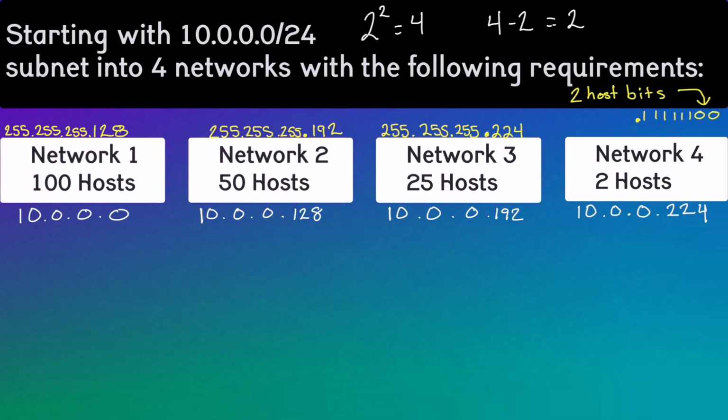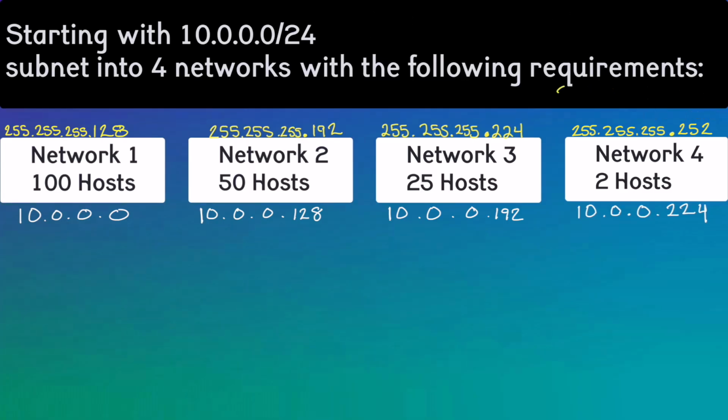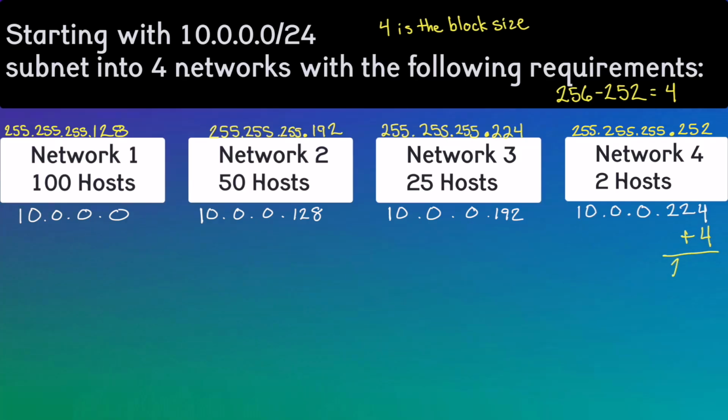When I calculate this binary value to a decimal value, I end up with the value of 252. 256 minus 252 equals 4, so my block size is 4 for the 4th network. I add 4 to my interesting octet in the network ID, and that gives me the value of .228. So .228 would be the network ID for a fifth subnet if I had one.